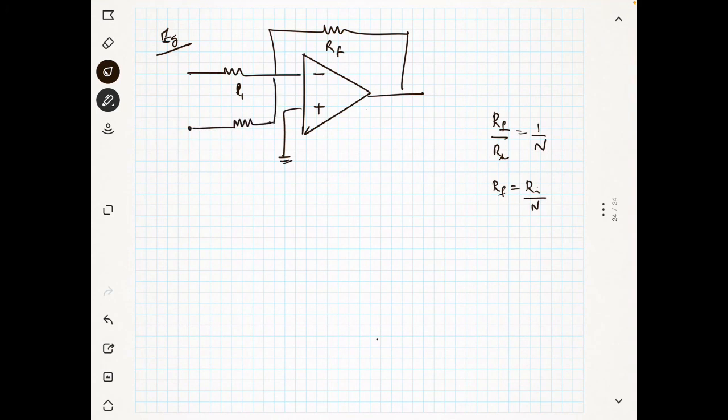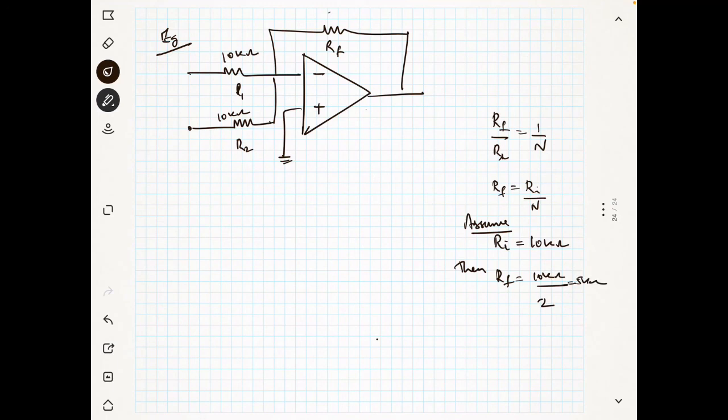Let's assume that Ri is equal to 10 kilo ohm, and this is also 10 kilo ohm. This is the assumption. Then Rf will be equal to 10 kilo ohm divided by 2, since I am considering two inputs, so it becomes 5 kilo ohm.